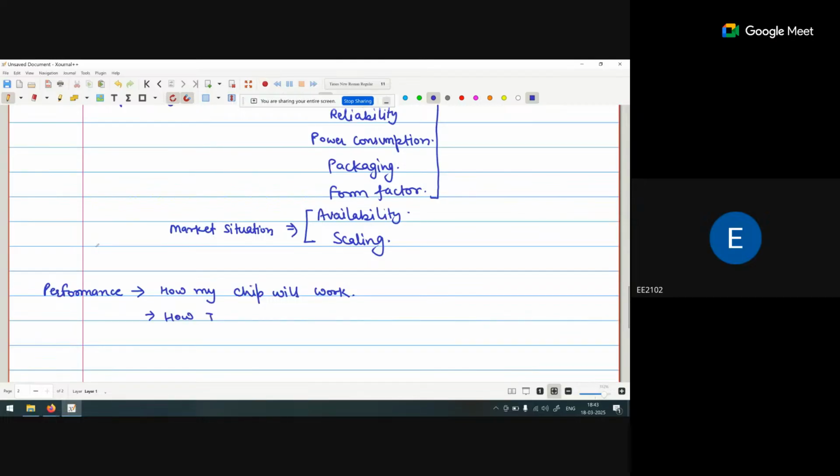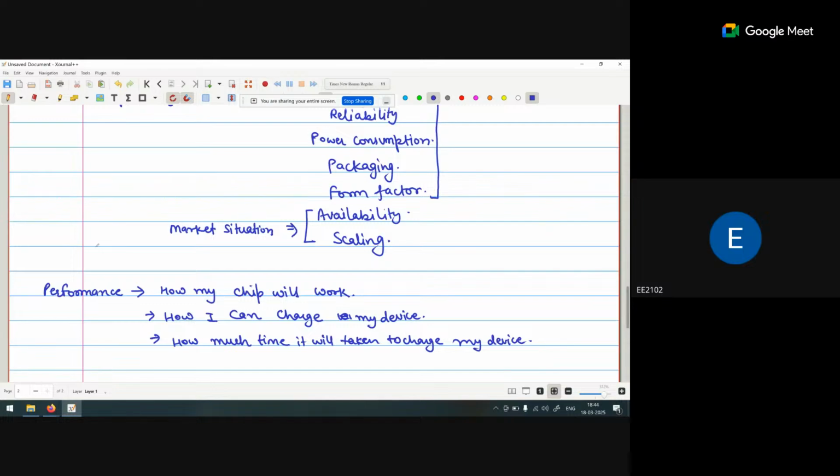How I can charge my device, how much time it will take to charge my device.